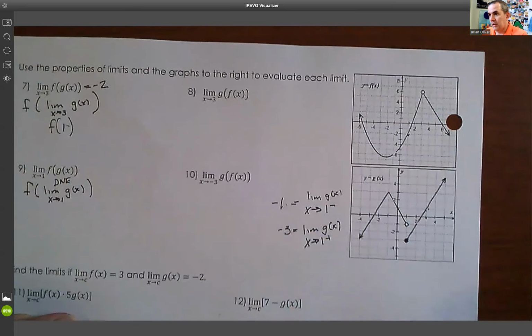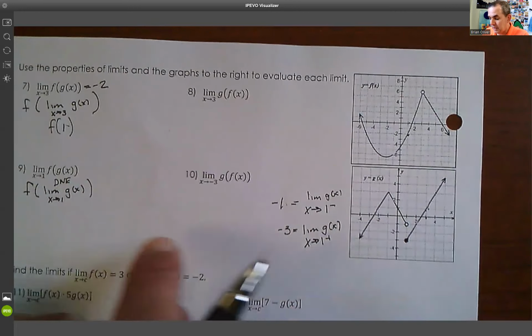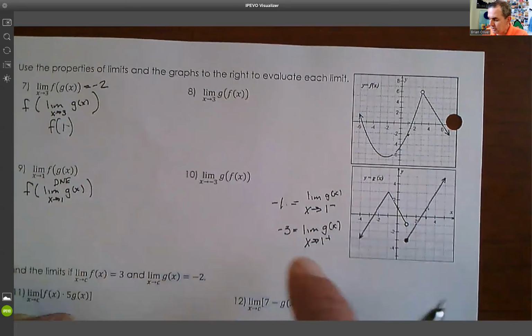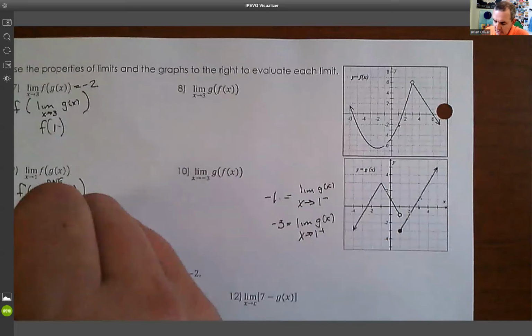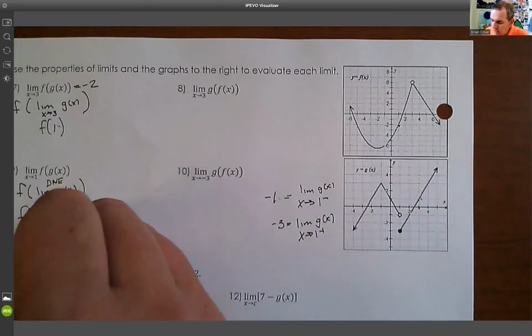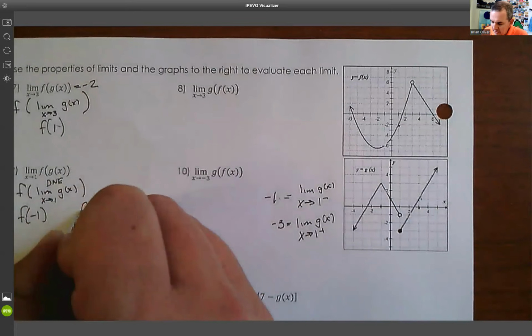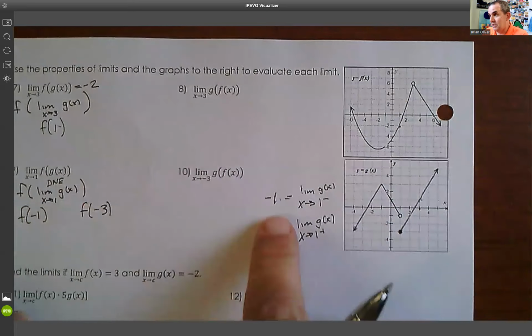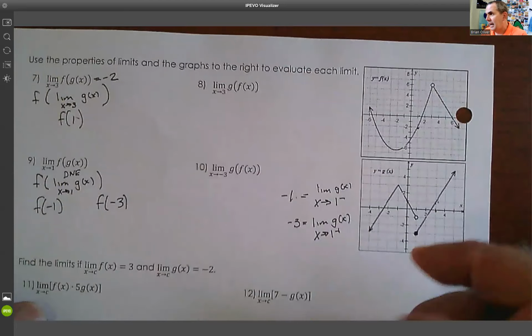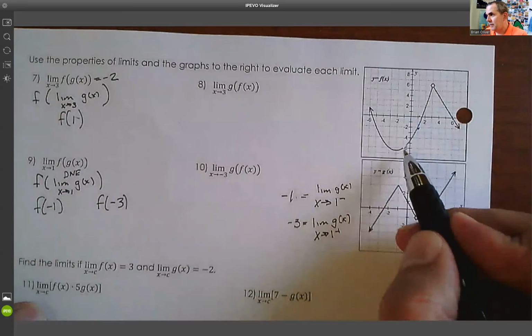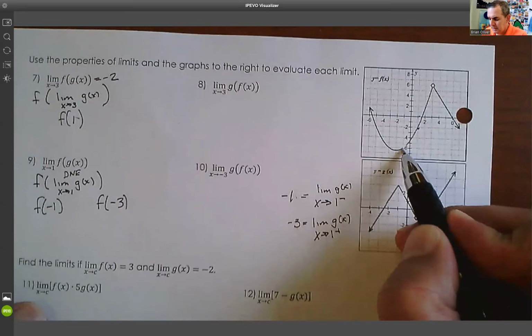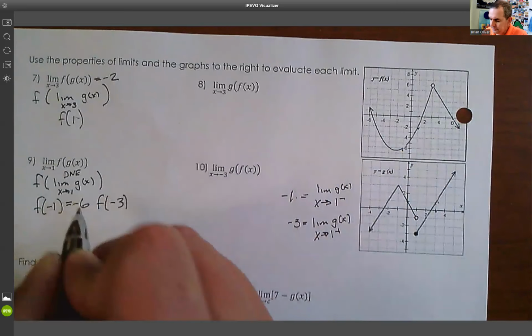However, we're going to take a moment and look at the other curve just to be sure. While the limit doesn't exist, I want you to look at what is f of -1 and what is f of -3, which is what these two pieces are. When I trace my finger down, f of -1 is -6.